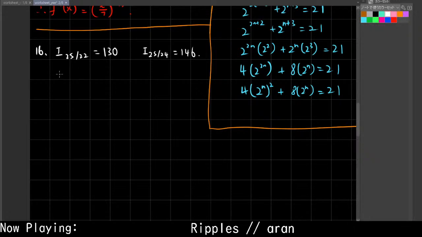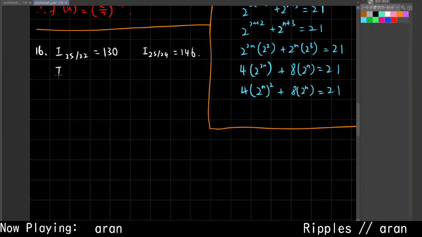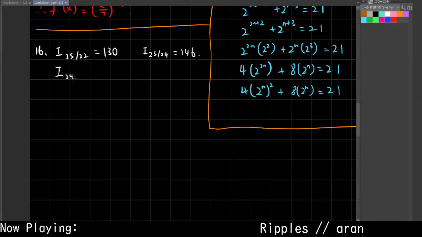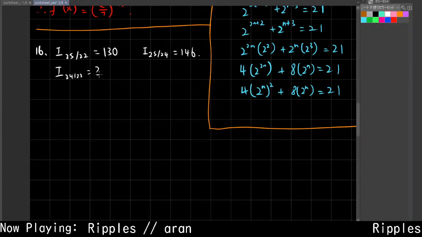Hold on. So if you have the price of 22, then to find the price of 24, you want to find the index of 24 based on 22. This one you don't know but you need, because this is the thing that connects the price of 24 and 22 together. Okay?